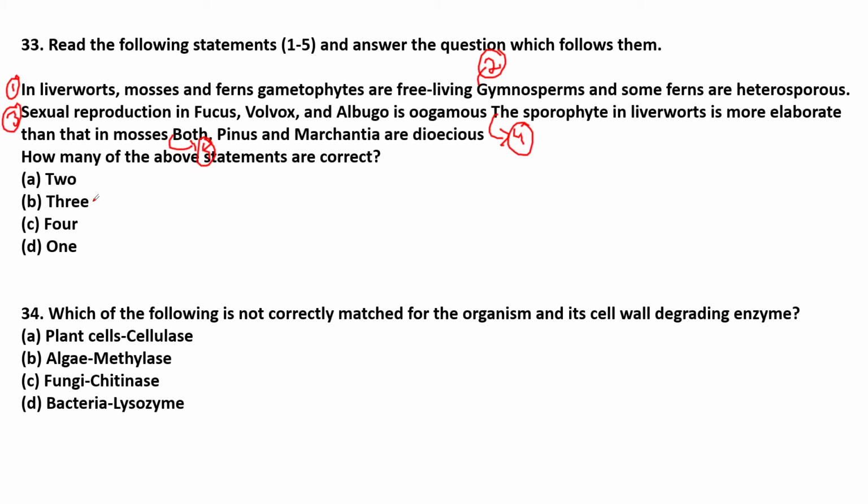Three statements are correct. In liverworts, mosses and ferns, the gametophytes are free living, while in ferns the sporophytes are also free living.